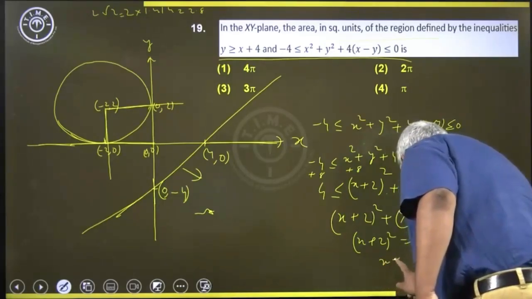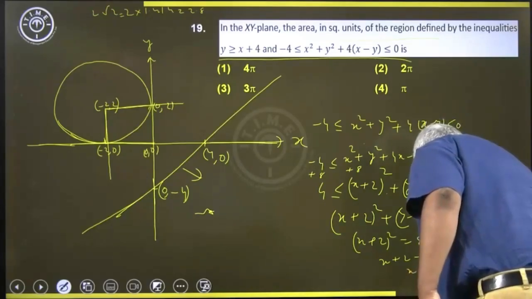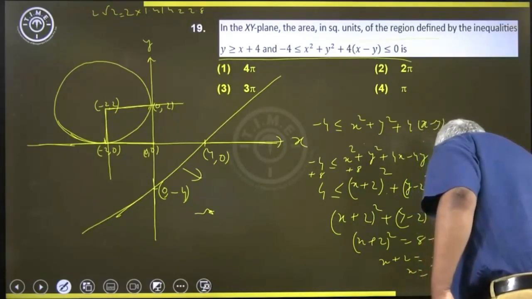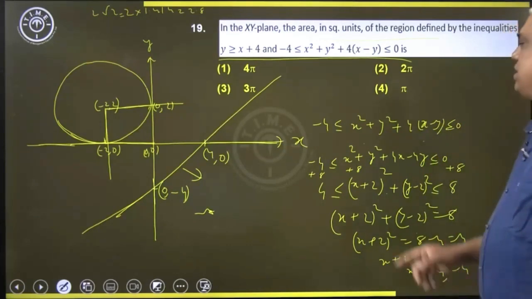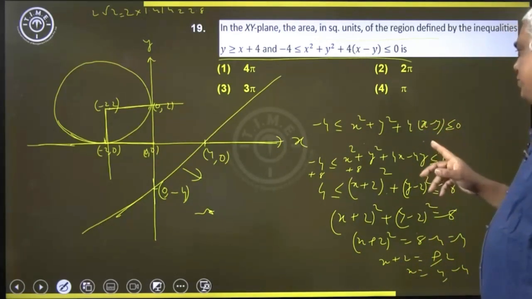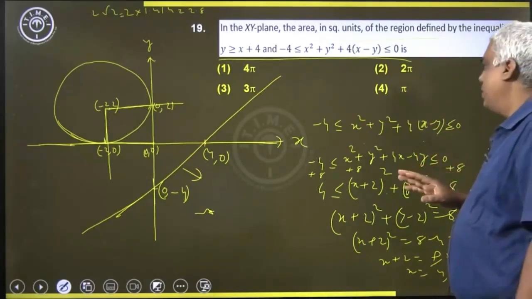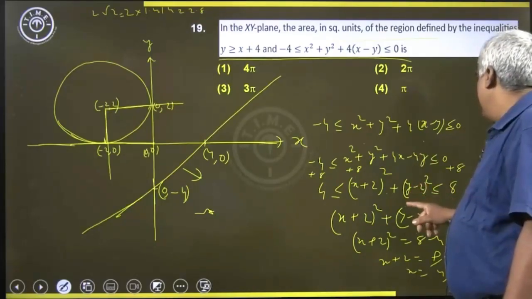So x plus 2 is equal to plus or minus 2. So x will be coming as 4 and minus 4. So this big circle is passing through (4, 0) and (-4, 0), right? Okay.